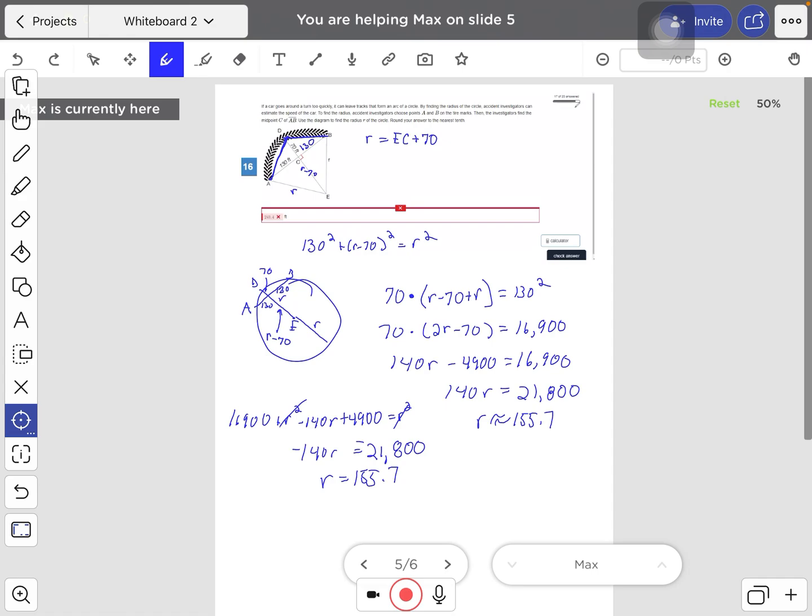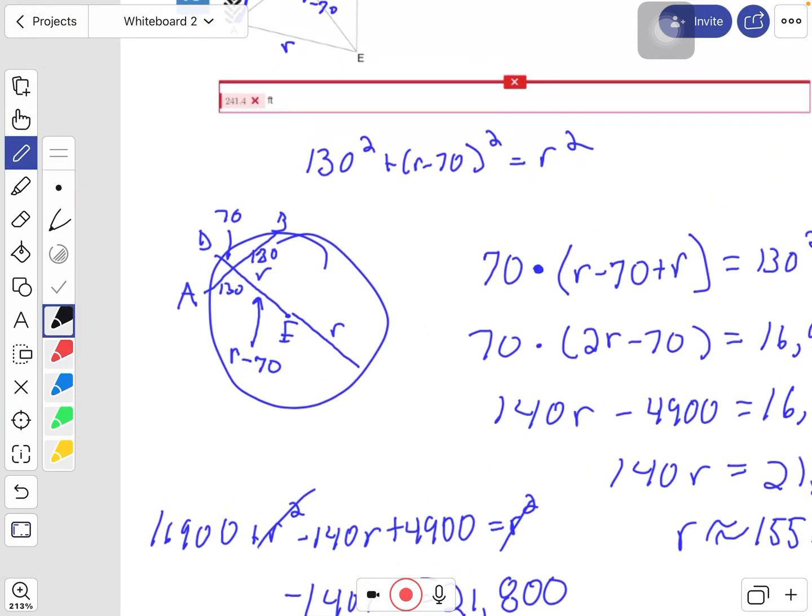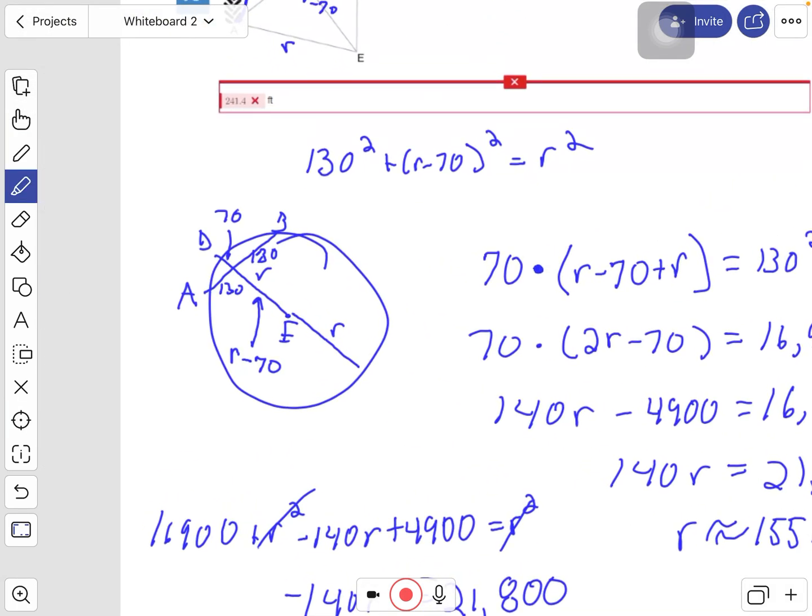So if we expand this diagram to make a circle, I just drew the other side of the circle, made it a radius. And then what we're learning is the fact that the product of this segment here and this segment here is equal to the product of this segment here and this segment here.